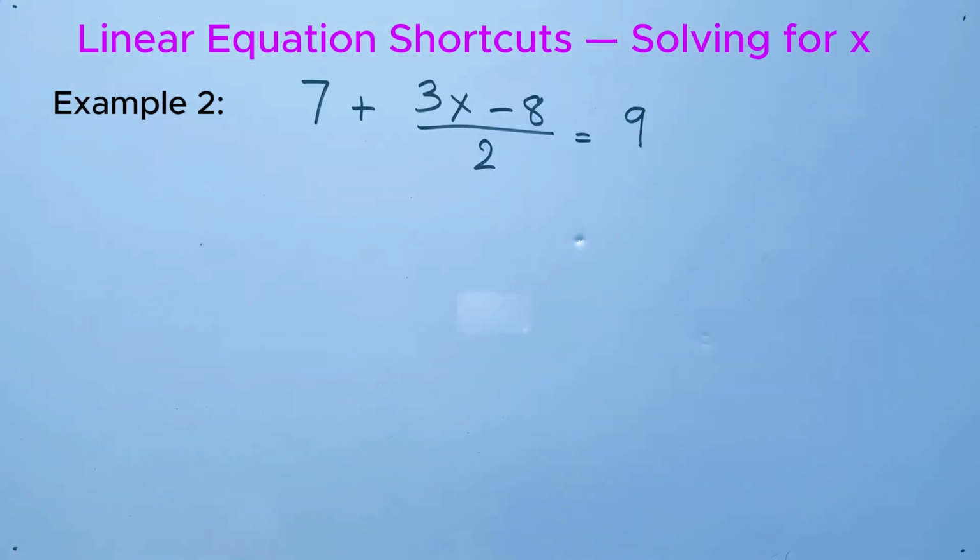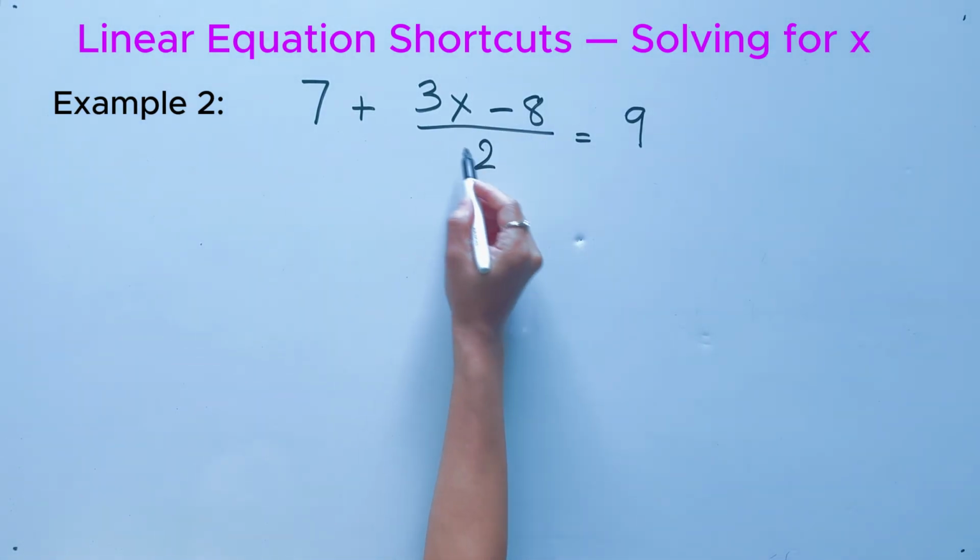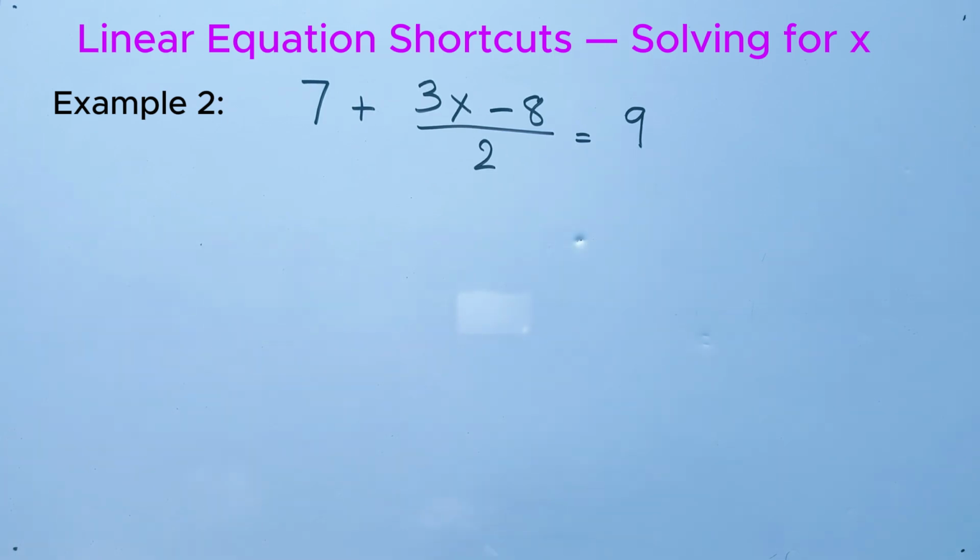Well, I hope you enjoyed example 1. It's fun, right? Let's do example 2 here. 7 plus (3x minus 8) over 2 equals 9. And we want to solve for x, right? So the first step is you want to make it as simple as you can.